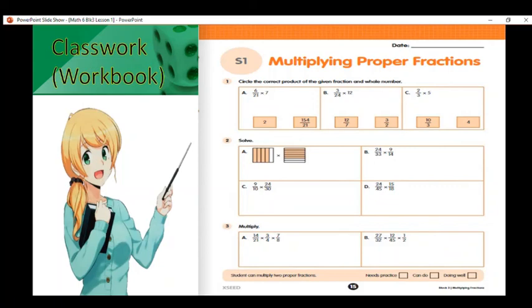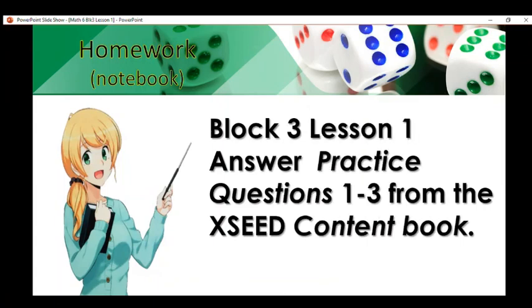Now that you know how to multiply proper fractions, I want you to get your workbook and turn to page 15, Answer Sheet Work number 1, multiplying proper fractions. Then after answering your classwork, do not forget your homework or assignment in Block 3, Lesson 1.